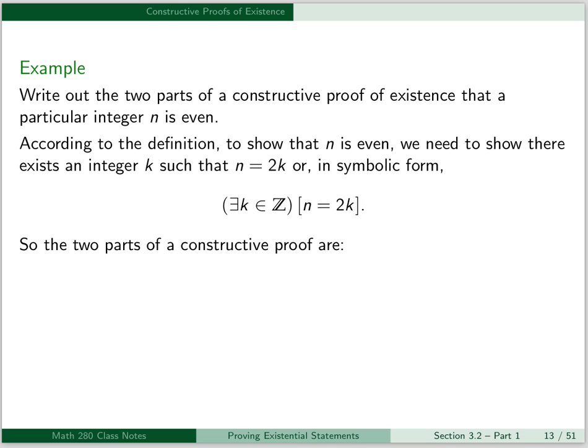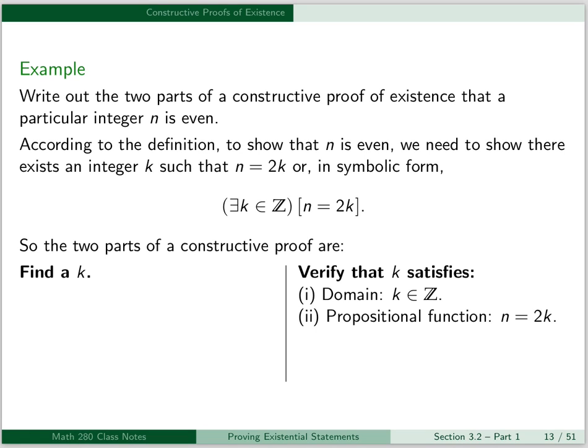So the two parts of a constructive proof are, we have our two columns. In the left-hand column, we're going to find our example k, and in the right-hand column, we're going to verify that our example k satisfies the two conditions. The domain, k must be an integer, and the propositional function, k must satisfy n equals 2k.